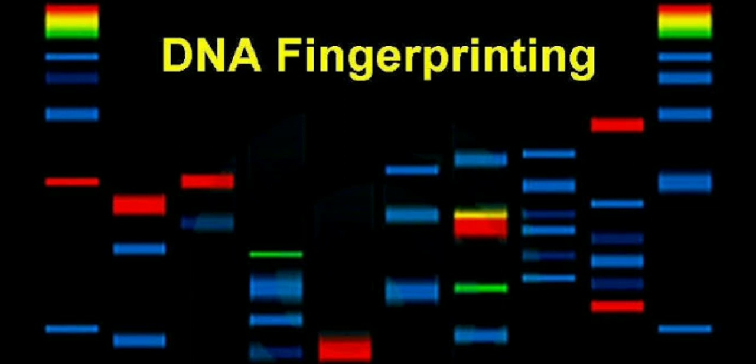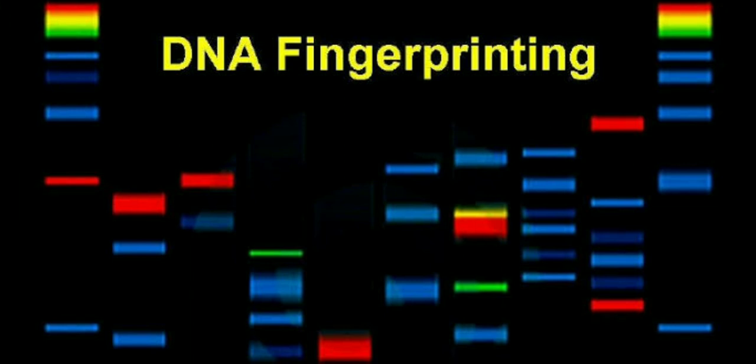So what is DNA fingerprinting? Normal fingerprinting we know very well, right? Like the left thumb impression we give. The pattern may be similar to another person, but not the same. Mark my word, not the same.